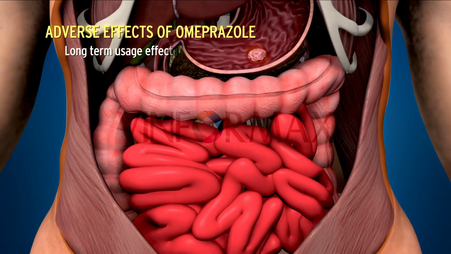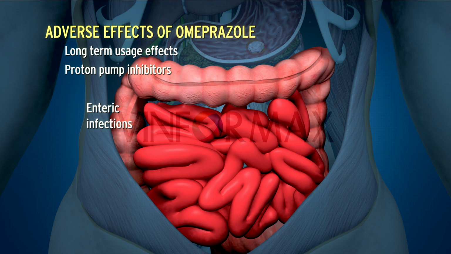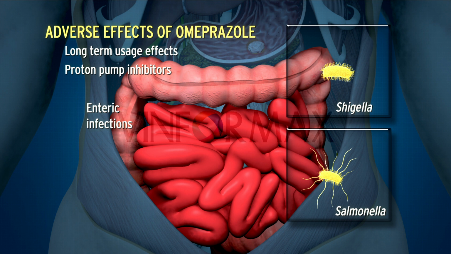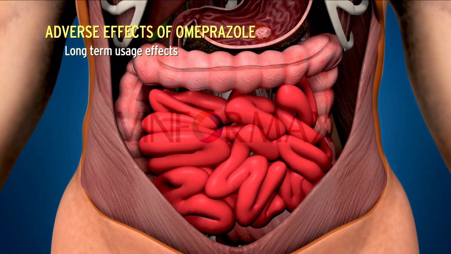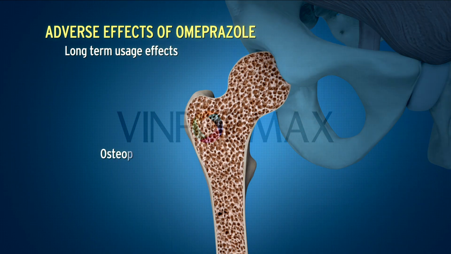Long-term usage effects. Proton pump inhibitors increase risk of enteric infections due to bacteria like Shigella and Salmonella. They inhibit absorption of vitamin B12 and decrease calcium absorption, and aggravate osteoporosis.